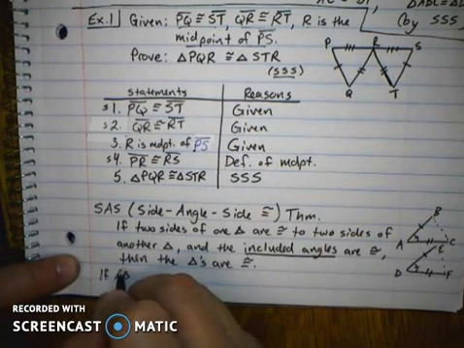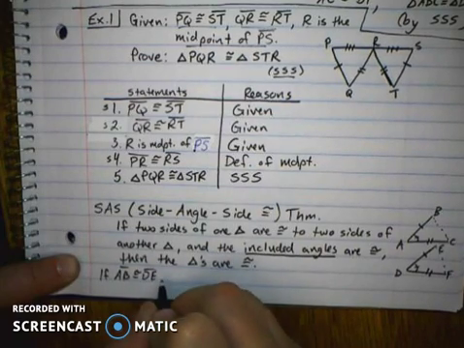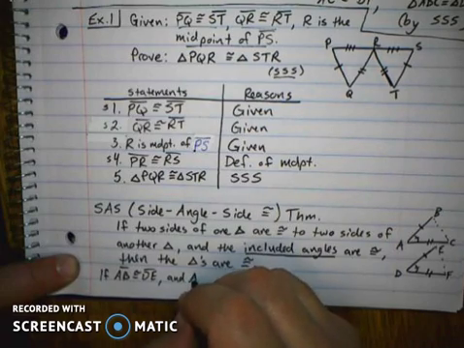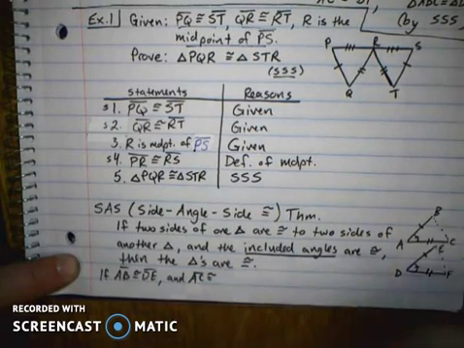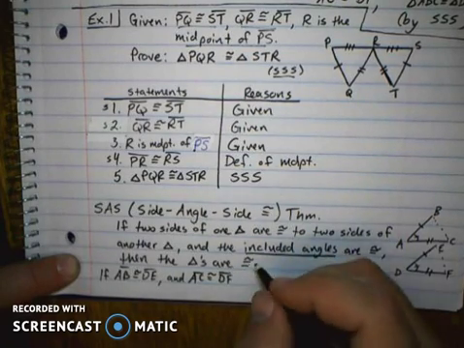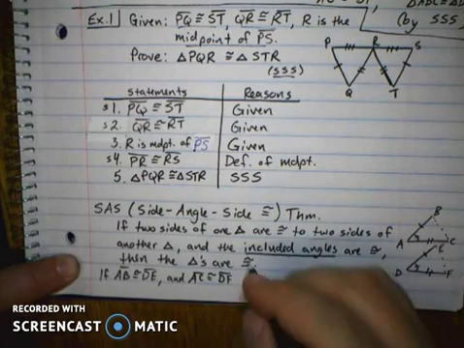If AB is congruent to DE, and AC is congruent to DF, and now both are using A for one triangle and D for the other.